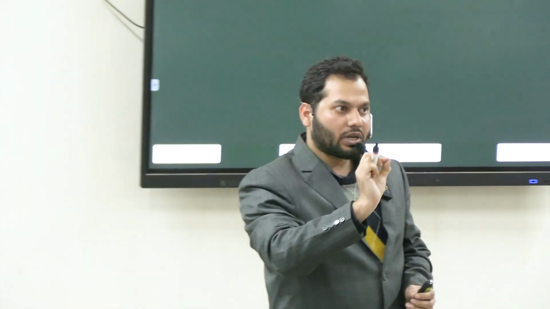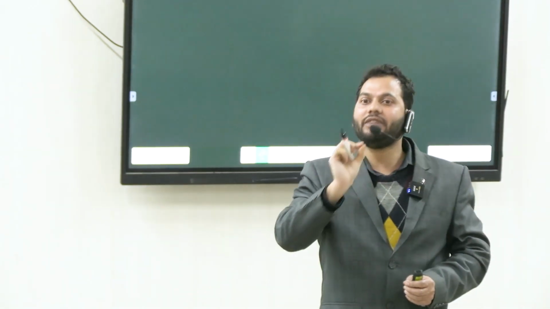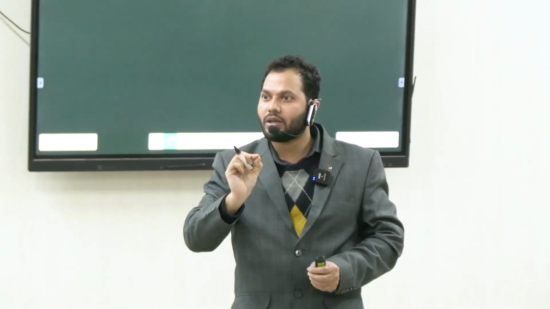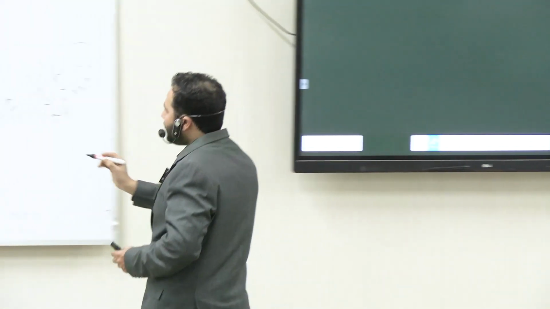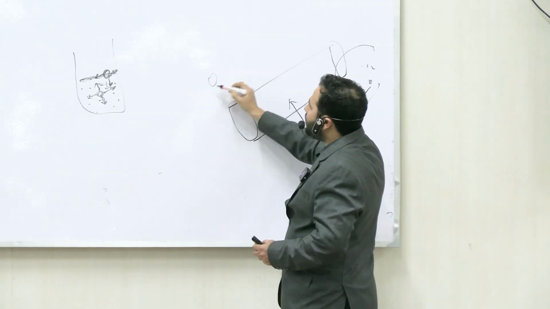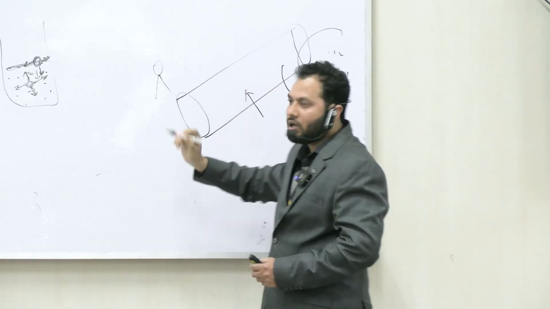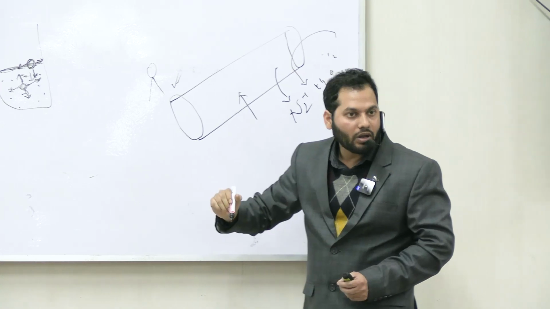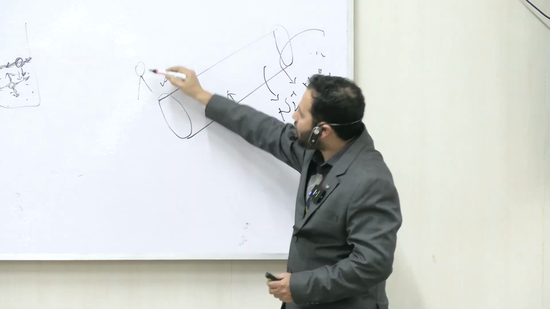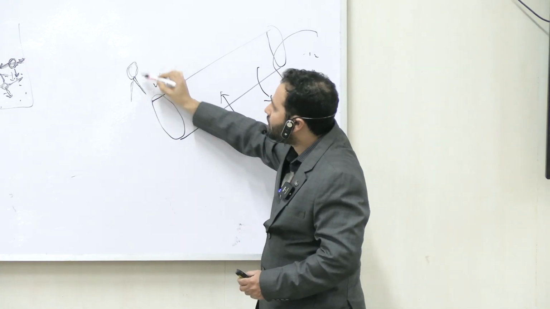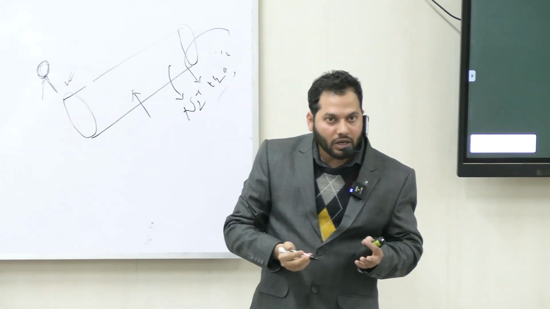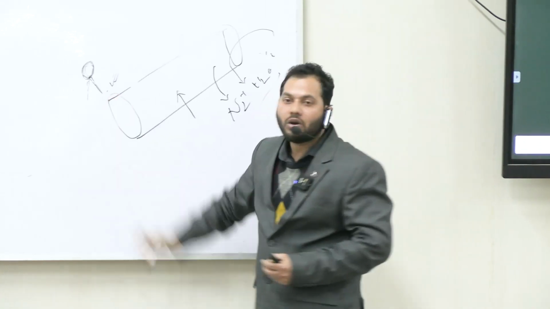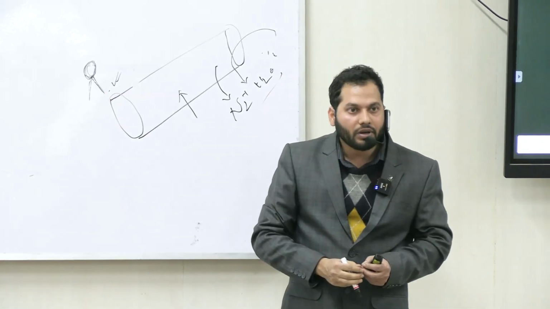So surface tension is very, very important from a physiological point of view. In the lung alveoli, there is an important molecule called surfactant, which has 2 different regions. Suppose this is a surfactant molecule. It is composed of 2 sections: the head portion, which is hydrophilic in nature, and the tail portion, which is hydrophobic in nature.